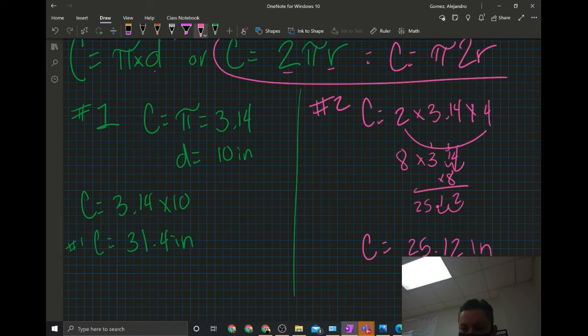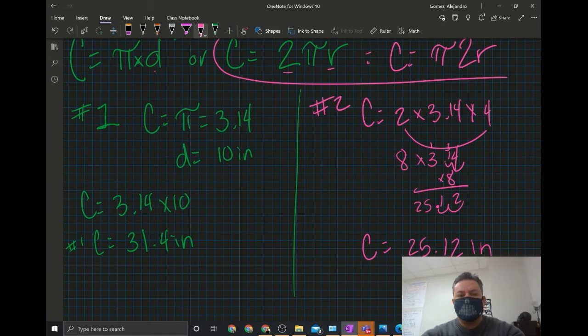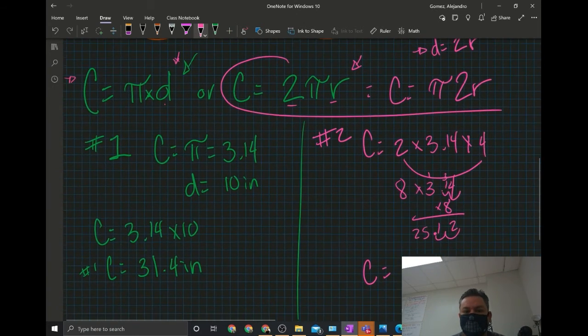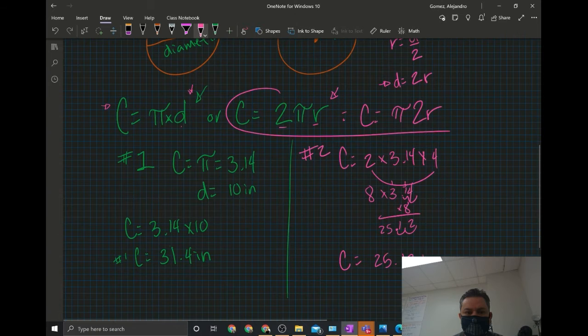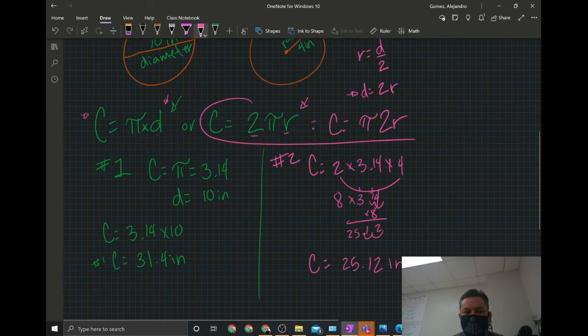So all you have to do is measure the line in the middle, multiply times 3.14, and that's how many yards of string you need to buy. Is that easy? You either multiply 3.14 times the diameter, or use the second way. That's for circumference. Does anybody have any questions so far?